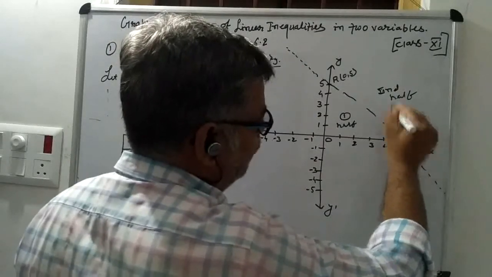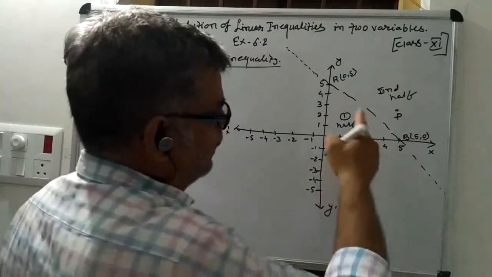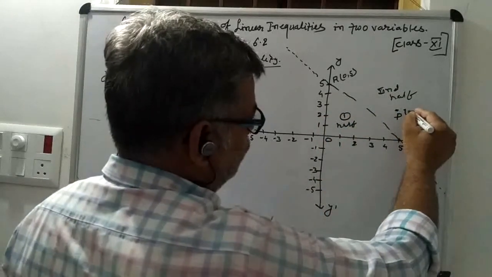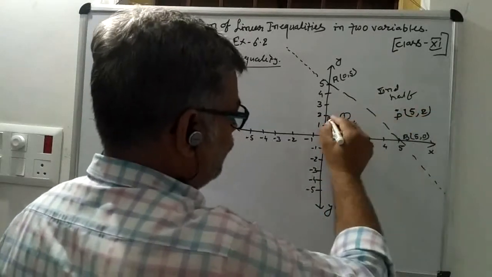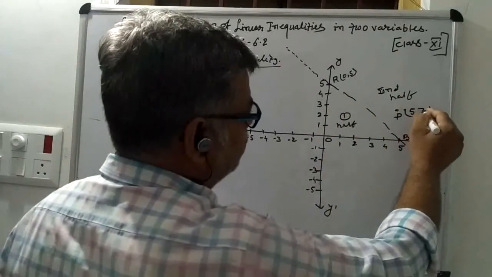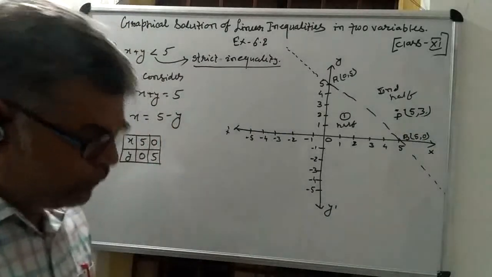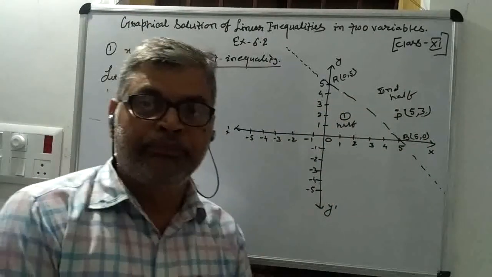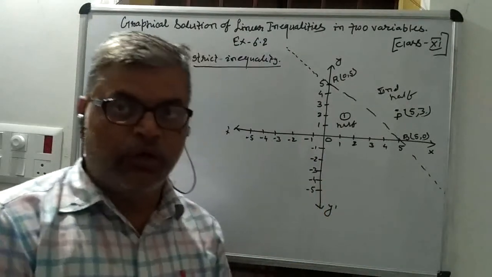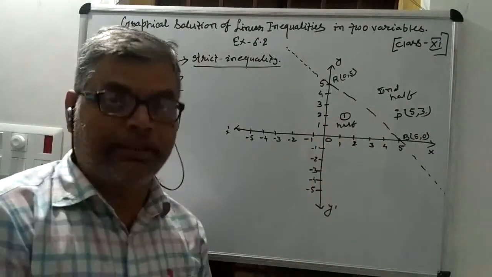Suppose I take this point P, and the coordinate of P is what? I think it is 5 and 2, or you may take 5 and 3, or any point. We take a point P which is 5 and 3. Coordinate of point P is 5 and 3.